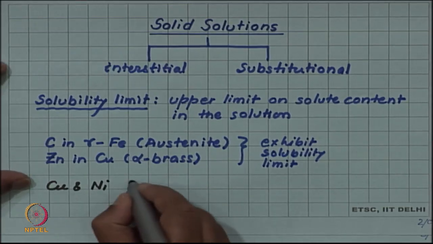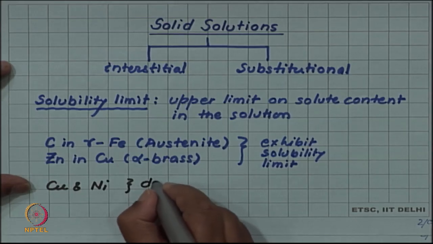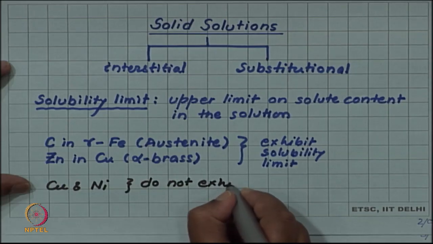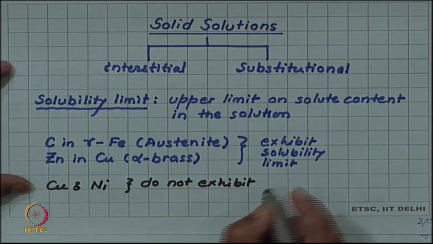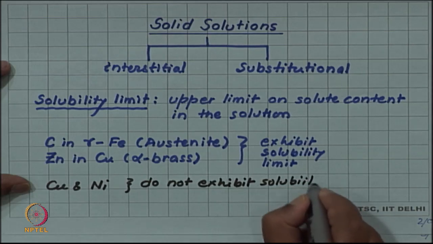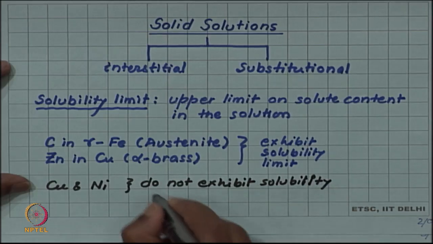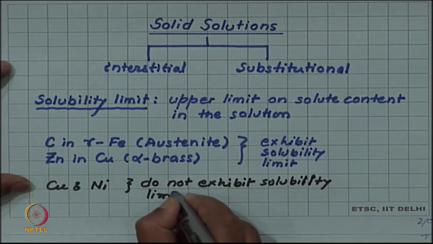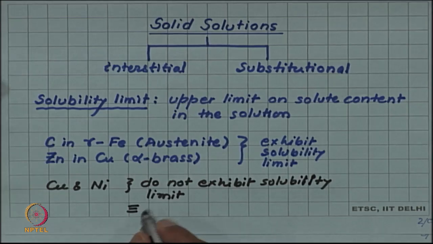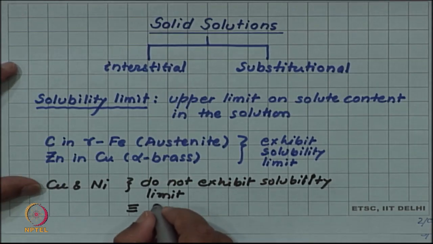So, they do not exhibit any upper limit. They do not exhibit solubility limit, or in other words, it is also called that they form an extensive or complete solid solubility.